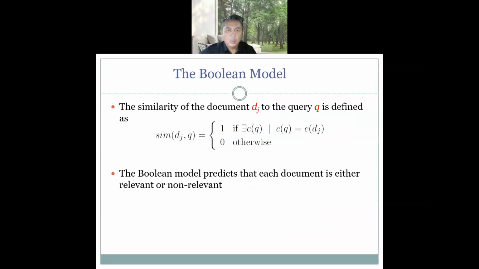So over here, we will return the document and the similarity value will be 1, if there exists a conjunctive query such that it is equal to the conjunctive document dj, and 0 otherwise. So the Boolean model predicts that each document is either relevant or not relevant, 1 or 0, true or false only.